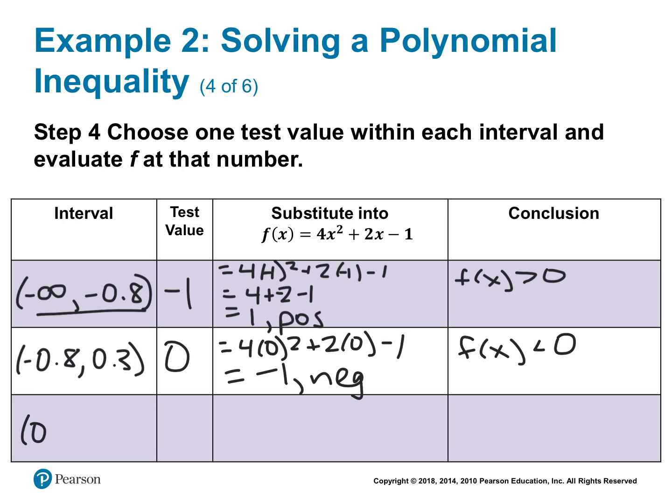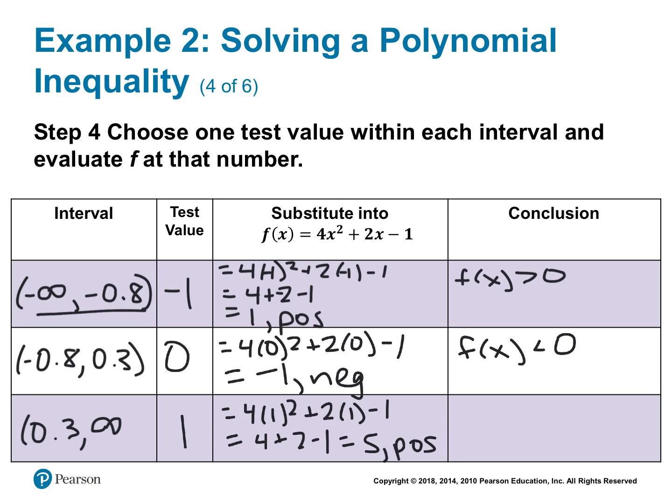And the last one, 0.3 to positive infinity. So 1 would be an easy one to try. 4 times 1 squared plus 2 times 1 minus 1. 4 plus 2 minus 1 equals 5, which is positive. So f of x is greater than 0 in that interval.